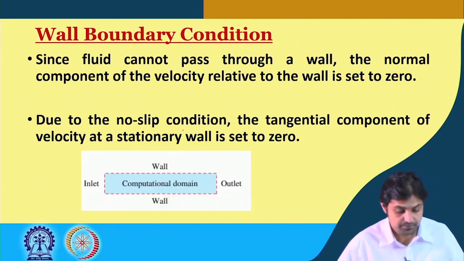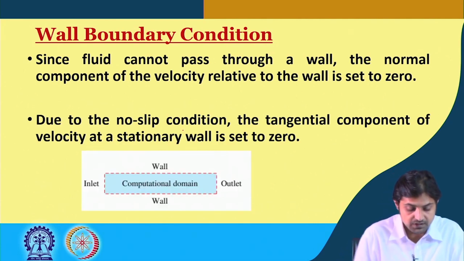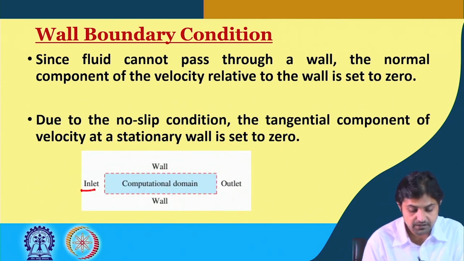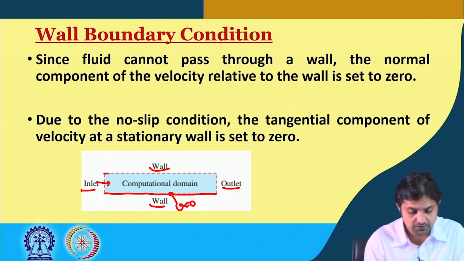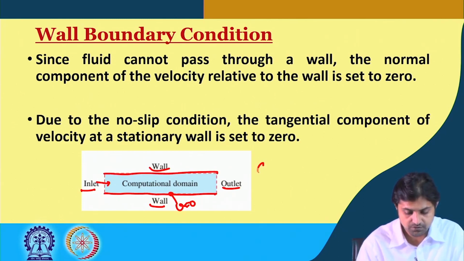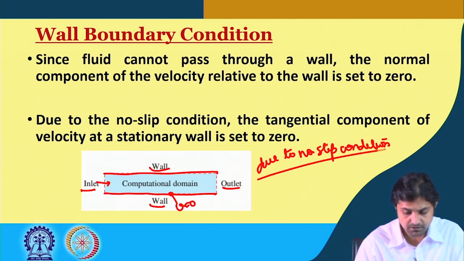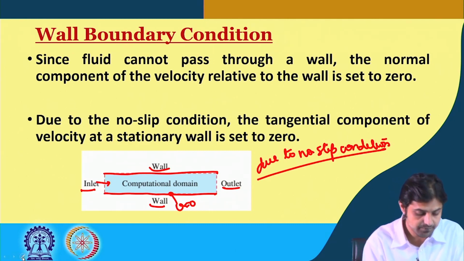All right. So you see there, if there is an inlet here, a wall here, a wall here, and an outlet, the velocity anywhere across this wall will be 0 due to the no slip condition, no matter what the velocity is at other points. All right.